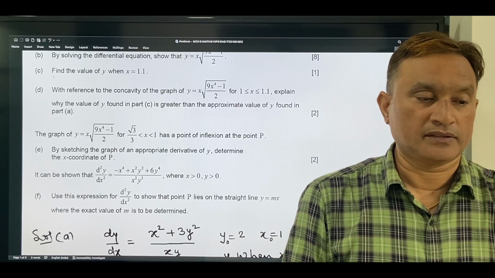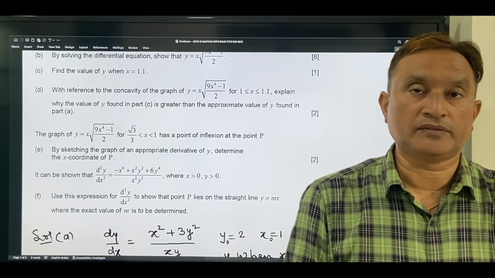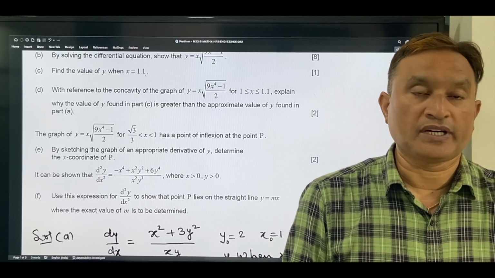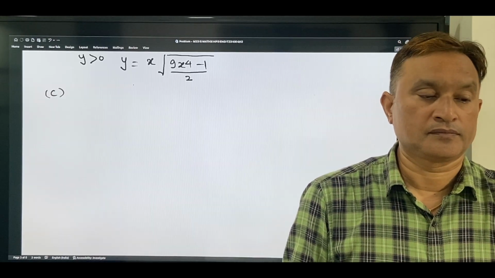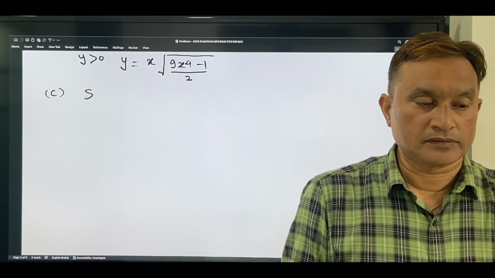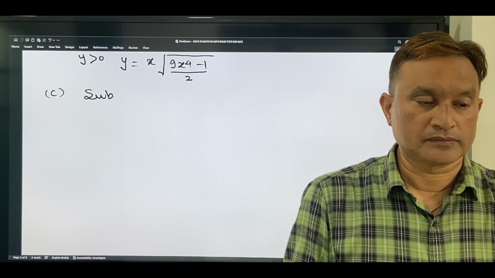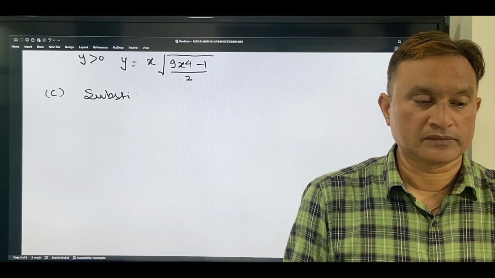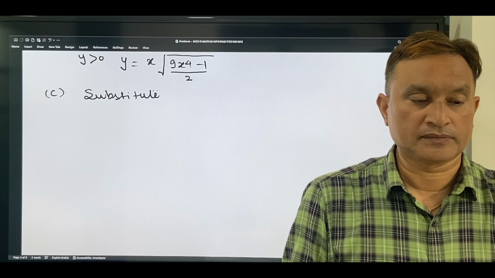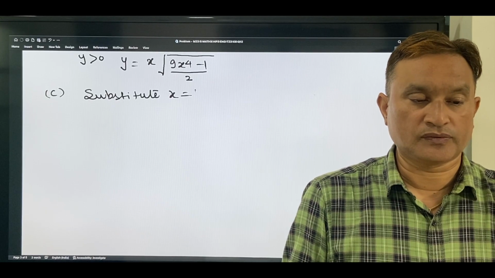In C part, find the value of y when x is equals to 1.1. So substitute x equals to 1.1.